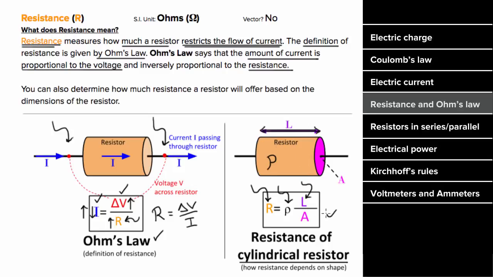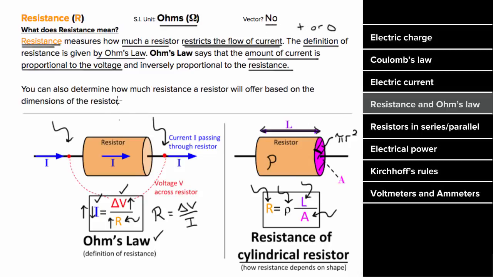And then divided by the cross-sectional area of that resistor, which would be this area right here that current is either flowing into or out of. If the resistor is cylindrical, the area of this circle would be pi times r squared, where little r would be the radius of this cross-sectional area. The units of resistance is ohms, and it is not a vector. It is always positive or zero.